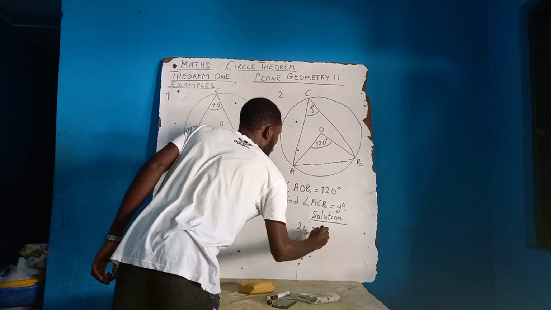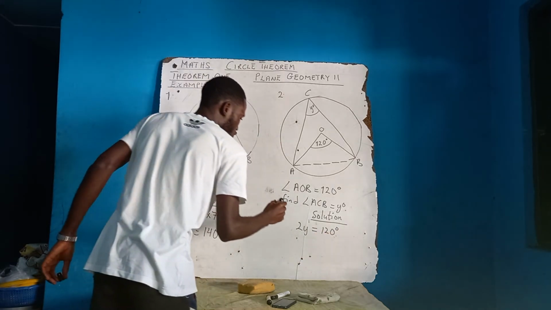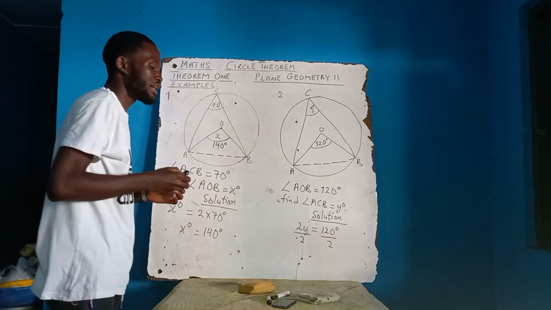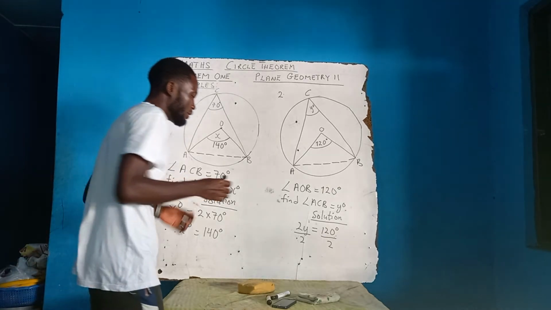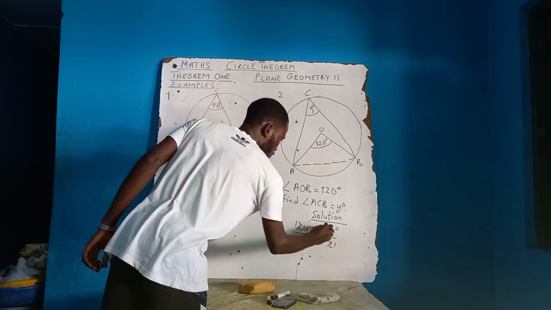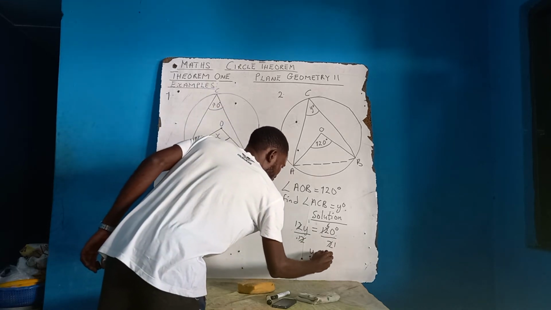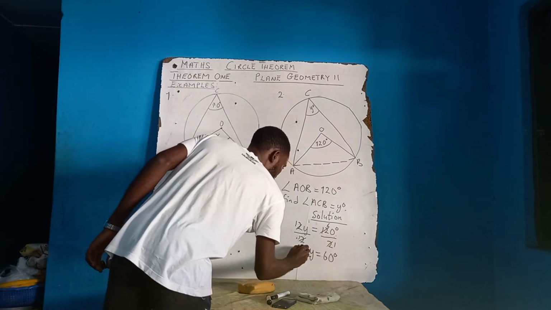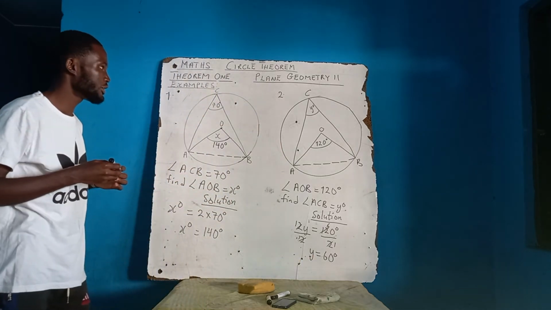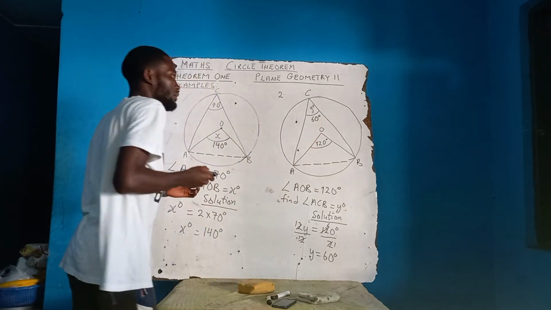So 2y is equal to 120 degrees. And in that sense, we are going to get rid of the coefficient of y, and it will translate to the other side of the equation. So 2 cancels 2, and 2 goes into itself once. It goes into 12 6 times. So we are going to have our y to be 60 degrees. So therefore, our y degrees is 60 degrees. And I trust we can illustrate it here to be 60 degrees.